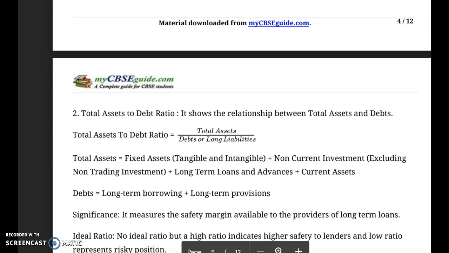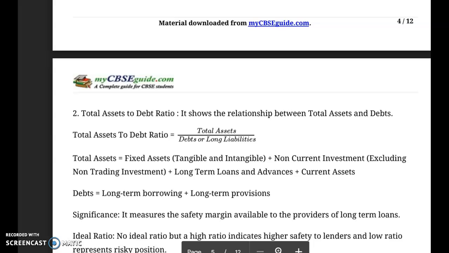Dear students, understand that total assets you can also calculate in a very simple way, that from the total of the asset side of the balance sheet, you could deduct the fictitious assets. The result will be the total assets, and debt here has again the same meaning, that is the long-term liabilities. So if we divide total assets by the long-term liabilities, the result will be the total assets to debt ratio.